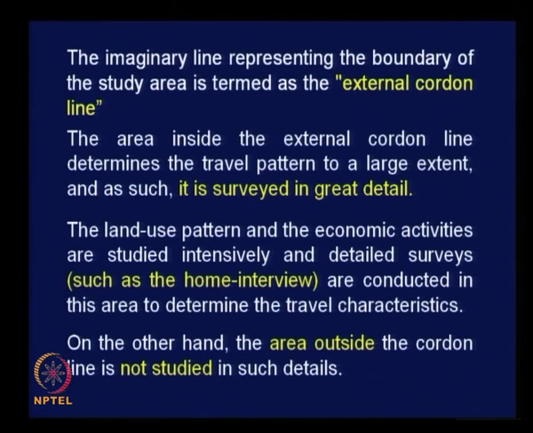On the other hand, the area outside the cordon line is also studied, but not in such details. Why should we study the area outside the cordon line also? As I indicated to you earlier, trips emanating from outside your cordon line also might influence the travel pattern inside the city, and as I said earlier, there could be external to internal trips and internal to external trips.